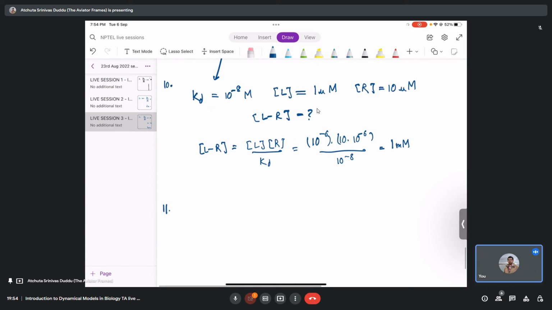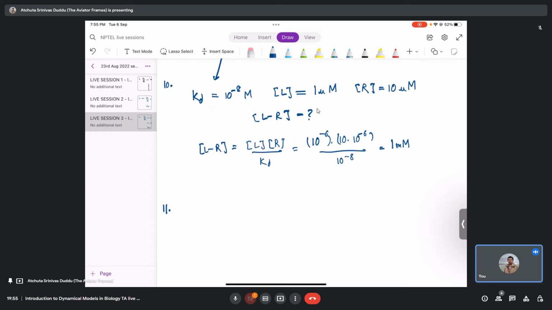Next, the 11th question. We have a ligand L that binds to a bivalent receptor R sequentially. Eventually, the receptor gets phosphorylated, shown by the red box. The phosphorylation and dephosphorylation follow Michaelis-Menten kinetics. Consider P and E as the total concentrations of kinase and phosphatase. Which of the following is the correct ODE for C2? They're asking for C2.